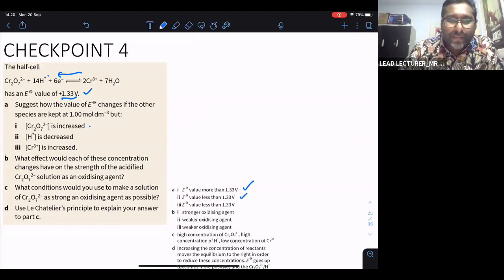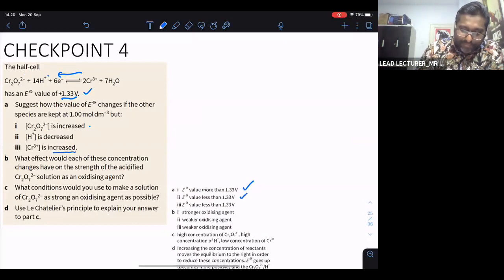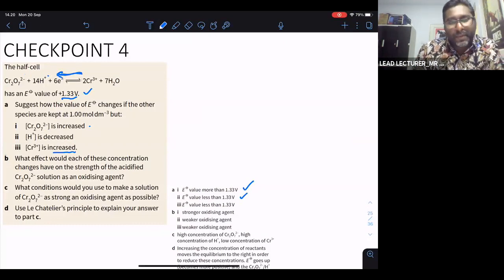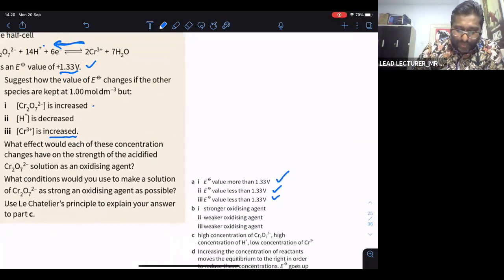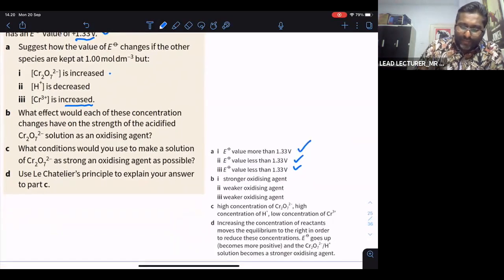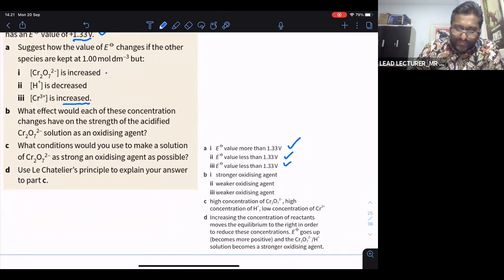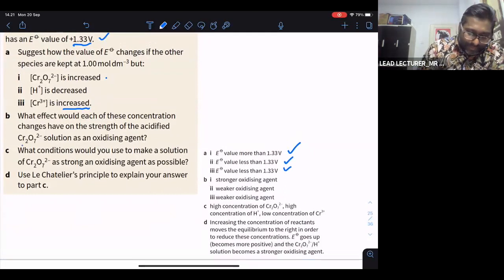Then what happens to Cr3+ if it is increased? When it's increased, you need to decrease it back, so you move to the left. It will become more negative, so it will become less than 1.33. Then they will ask what effect each of these concentrations would have on the strength of this solution as an oxidizing agent.